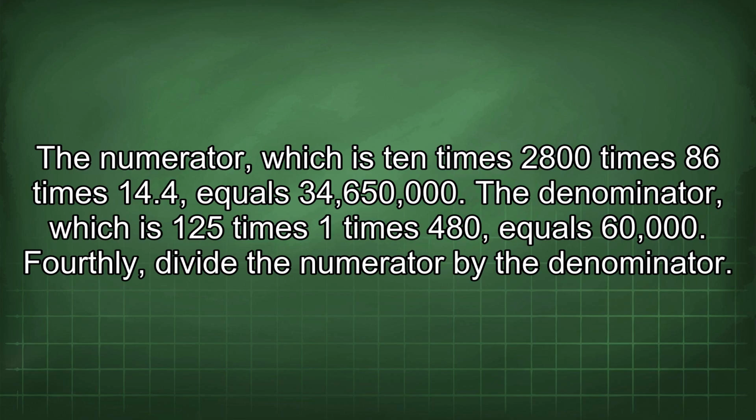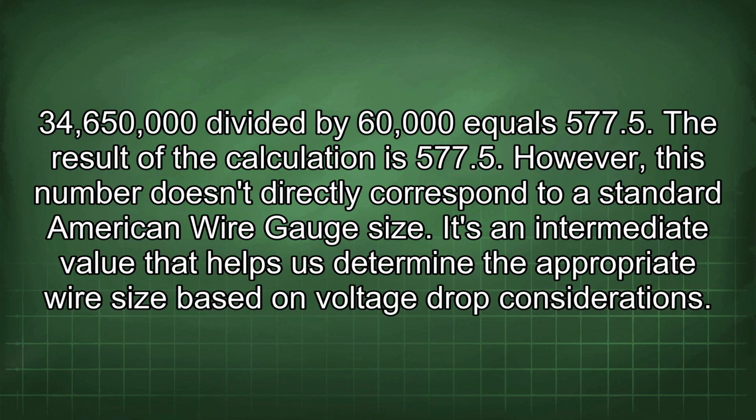The denominator, which is 125 times 1 times 480, equals 60,000. Fourthly, divide the numerator by the denominator. 34,650,000 divided by 60,000 equals 577.5.